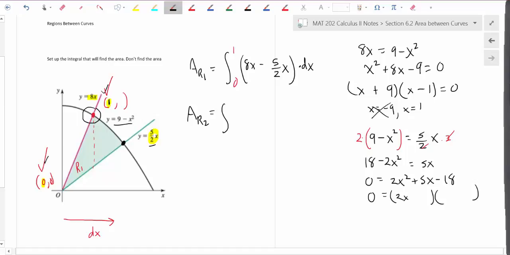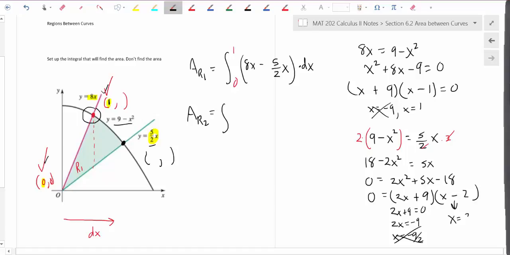We'll see if that factors. So I have 2x and x. Let's see, I think 9 and 2 work with a plus there and a minus there. So this would be 2x plus 9 equals 0, or 2x equals negative 9. Divide by 2, you get x equals negative 9 halves. So clearly that's not this intersection point. It's got a positive x value.